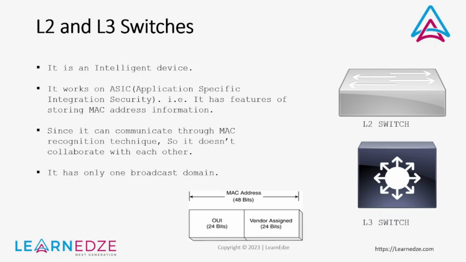Suppose you have a PC manufactured by HP or Lenovo or any vendor. That manufacturer identification, given by IEEE, is in the first 24 bits, and the next 24 bits are assigned by the vendor.